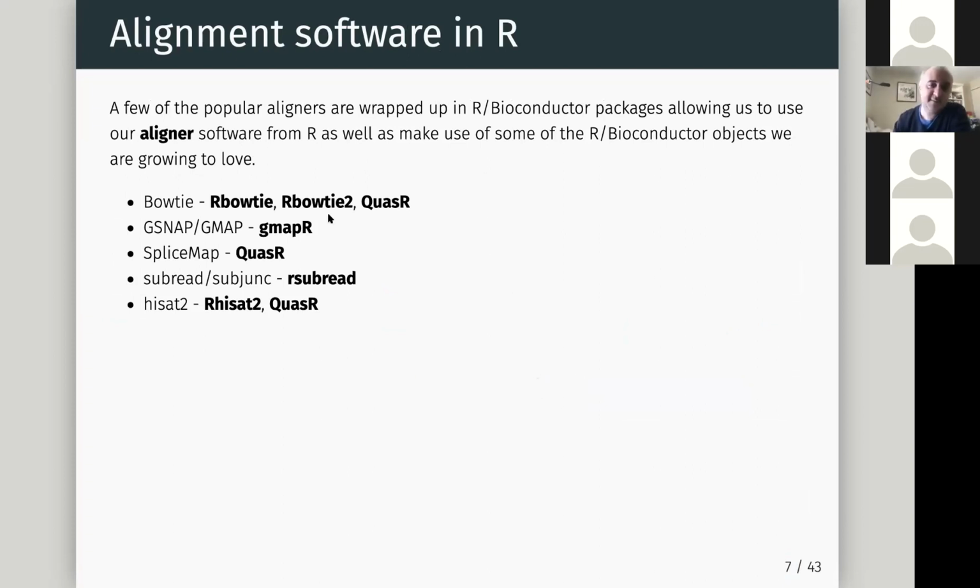People have done the same to different levels for Bowtie and Bowtie 2. They're both wrapped up in QuasR as well. GSnap, GMapper, and GMapR. SpliceMap, which we're not going to use, is in QuasR. HiSat 2 is in its own HiSat 2 package, but the authors of QuasR also use it. And then Subread, Subjunc, the one we really like, is in Rsubread.